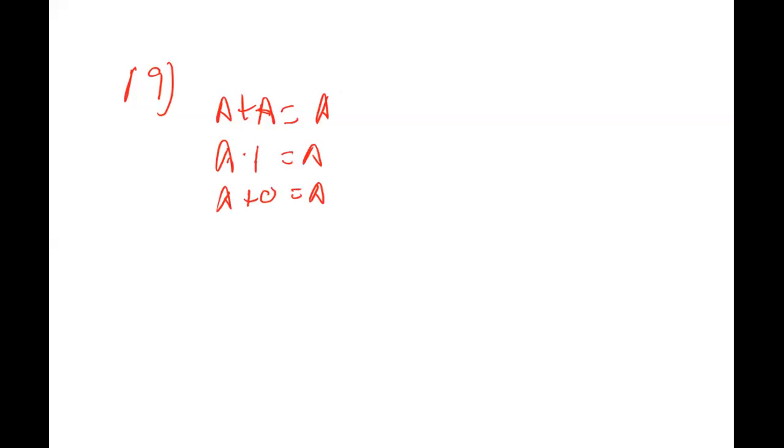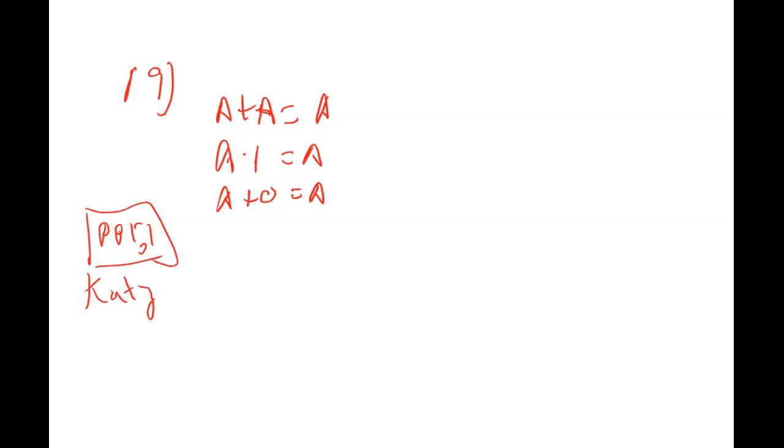So what you want to do, in case you're wondering, is check the list of theorems and axioms, which are somewhere in page 51. So go to page 51 of the book and look it up.